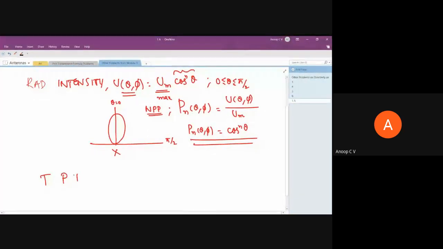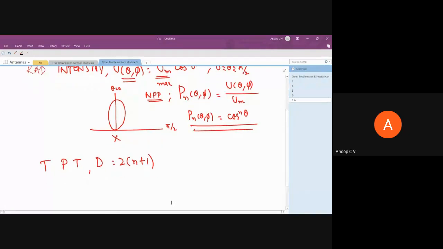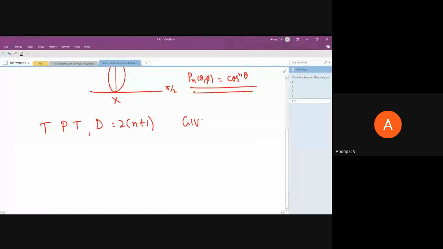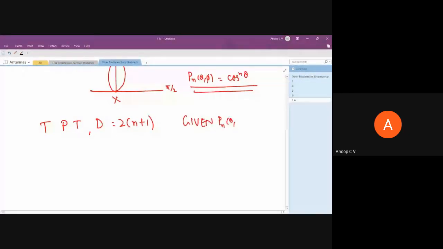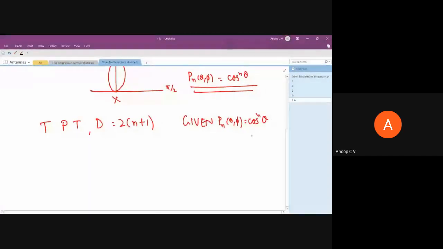This is what we have to prove. So, given Pn of theta comma phi is equal to cos power n theta for 0 less than or equal to theta less than or equal to pi by 2.